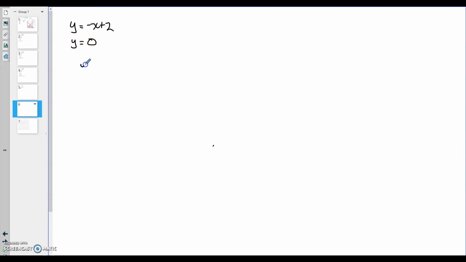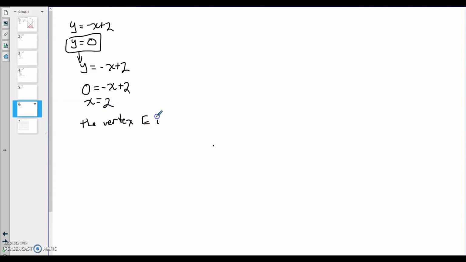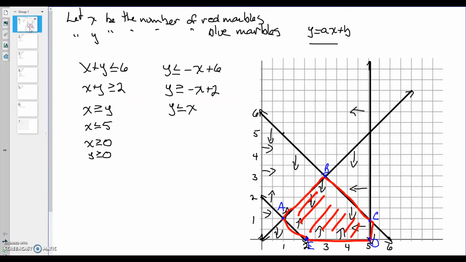So all we have to do is take the first equation, y equals negative x plus 2, and substitute in y equals 0, so it replaces this y with a 0. We've got 0 equals negative x plus 2, or when we solve algebraically, x is equal to 2. So the vertex E is 2, 0.